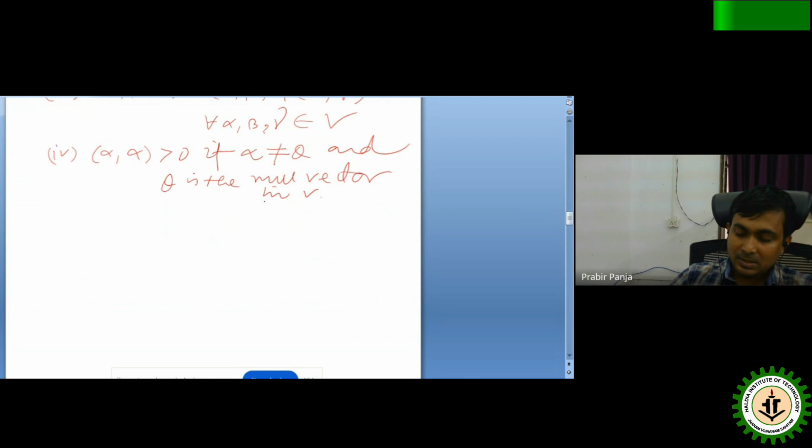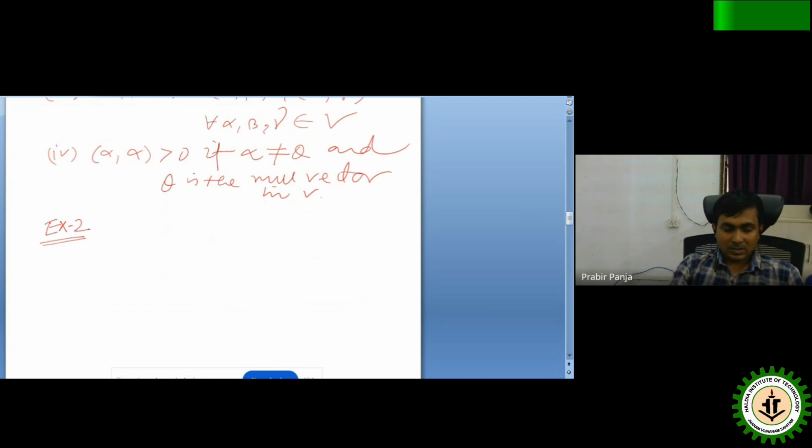Now, by taking one example, we'll check whether a particular product rule is a complex inner product space or not under the complex number set C. So let us take one example.